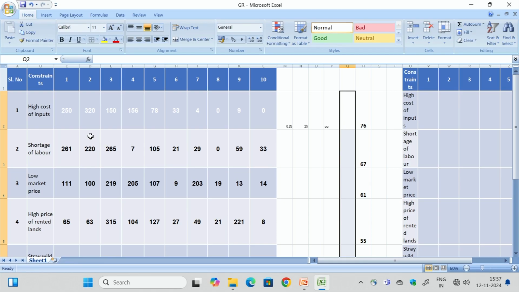Okay, so once you do that, the first step is calculating the percent position. What is the formula of percent position?